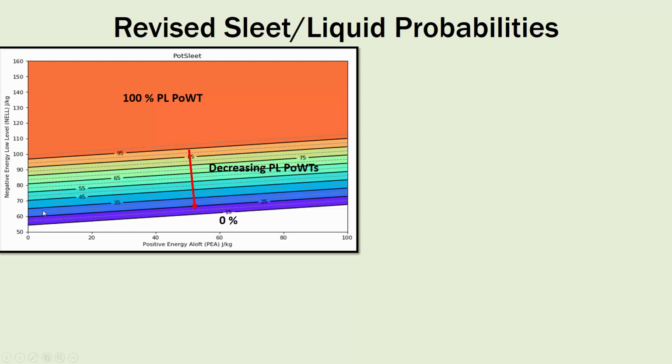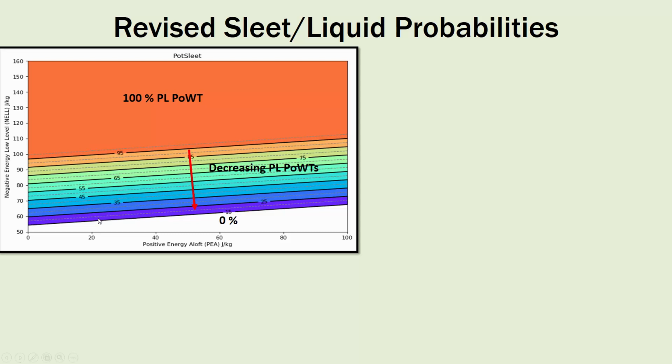So this represents how we would derive our probabilities of weather types for sleet. As we get less than 50 to 60 joules per kilogram negative energy, we start to introduce a very slight chance of sleet.